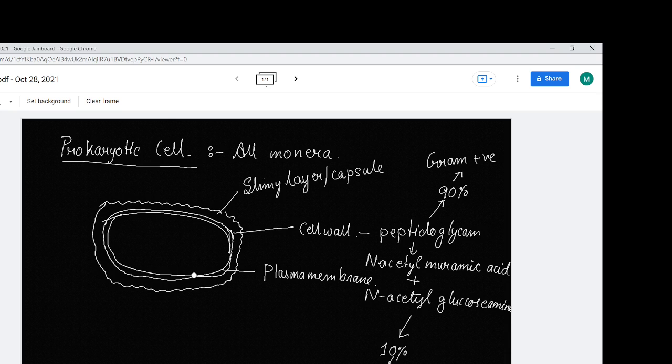The plasma membrane, in order to increase its surface area, has got various infoldings like this. These infoldings are called mesosome, or they are also called chondrioids.